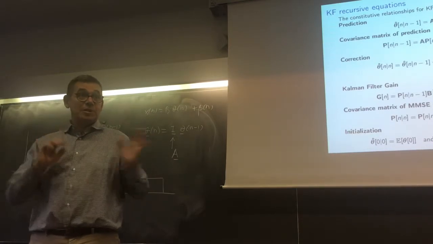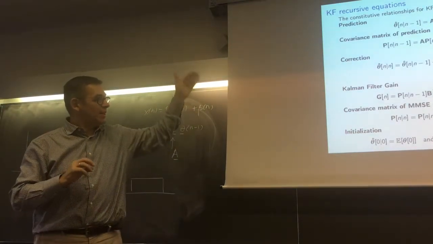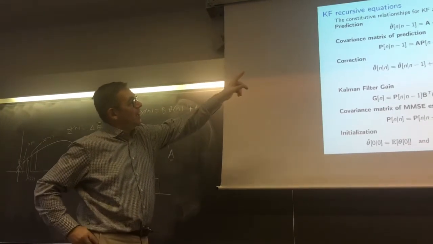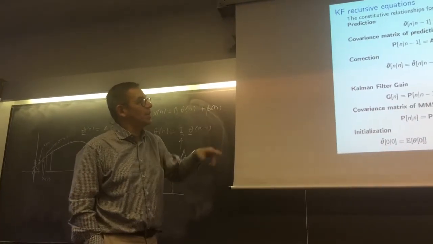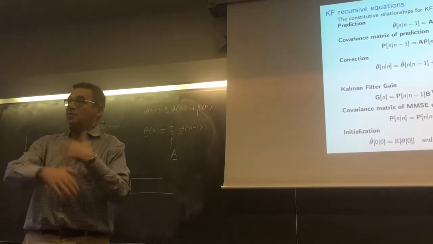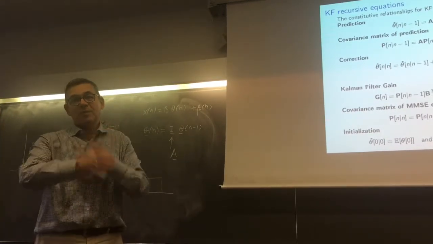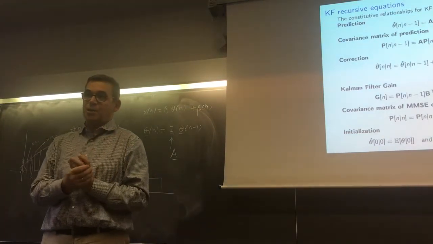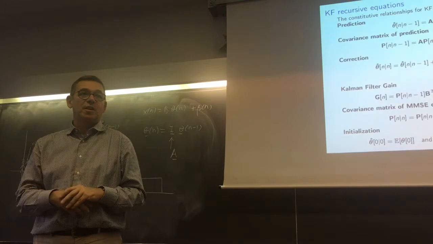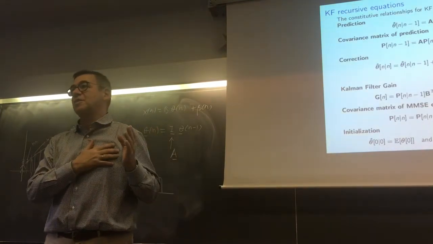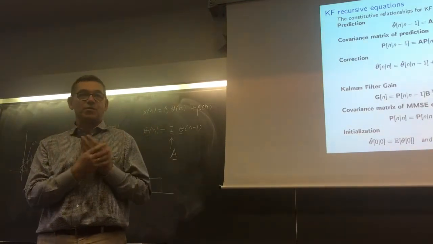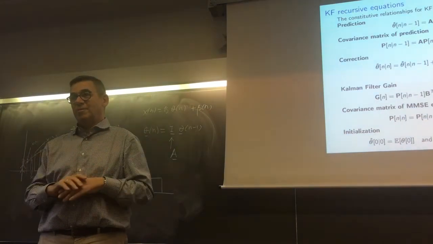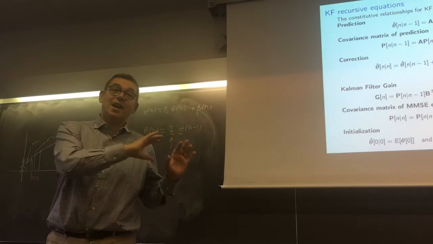So this is what happens, because I'm putting together linear transformations, and even the model is linear. After a certain number of iterations, everything becomes Gaussian. And so the Gaussian assumption will be optimal after a certain time, after a time long enough.